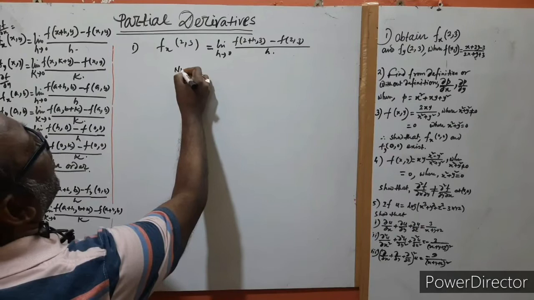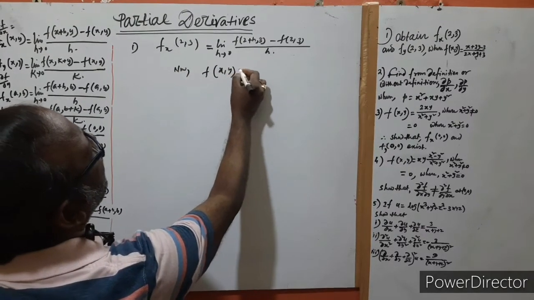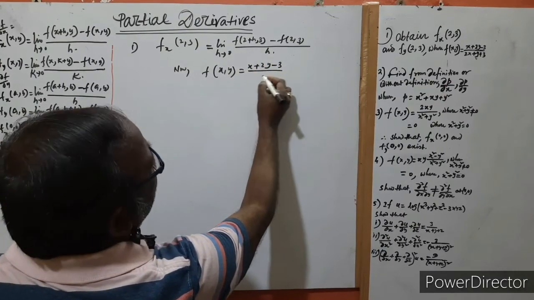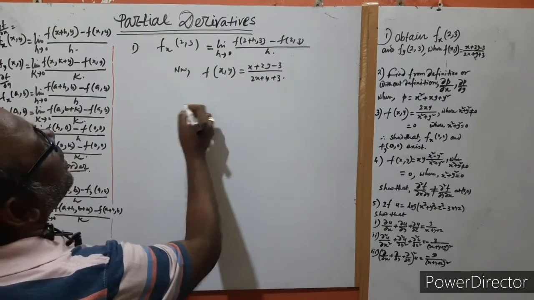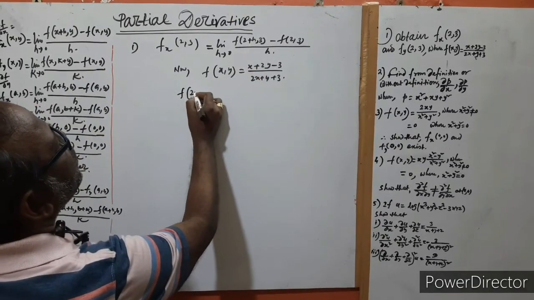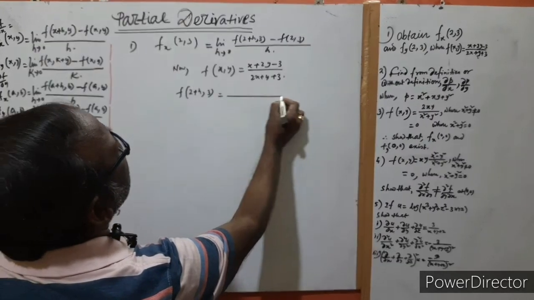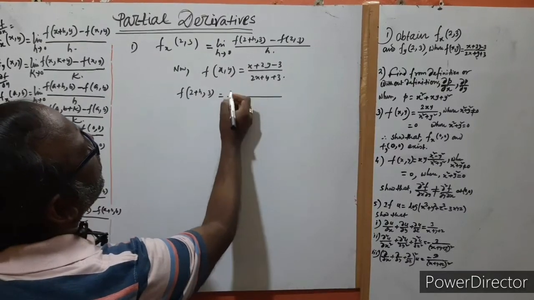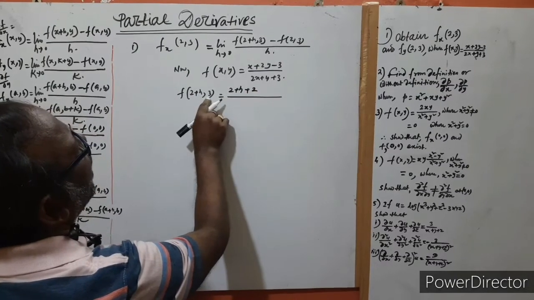Now the function is f(x, y) = (x + 2y - 3) / (2x + y + 3). So find the value of f(2+h, 3). In place of x we put 2+h, and y is 3.